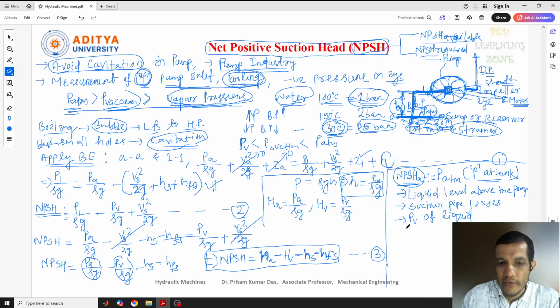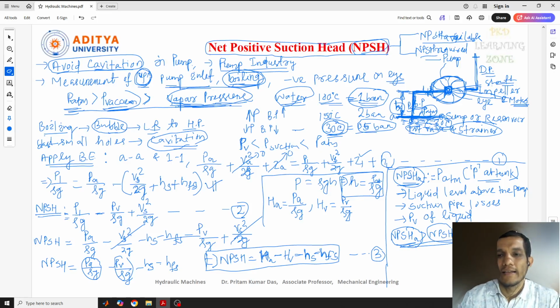Always keep in mind that the NPSH available should always be greater than the NPSH required. This availability should be more than the required value, so that we can avoid cavitation.